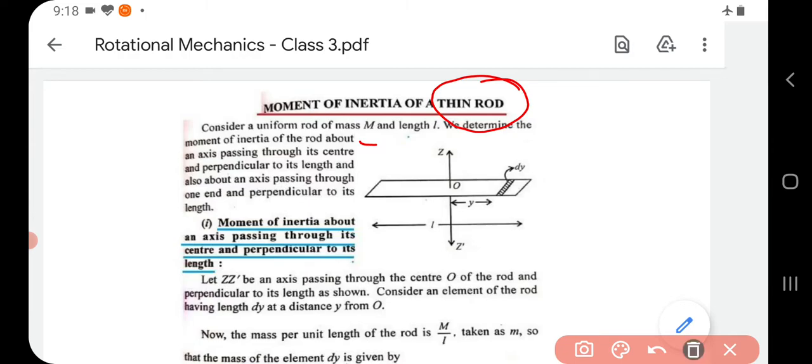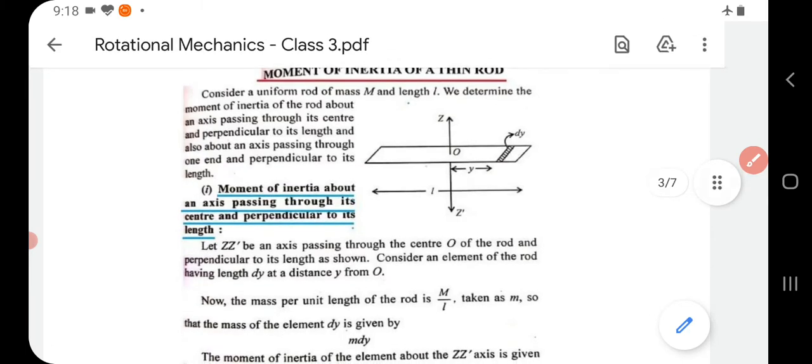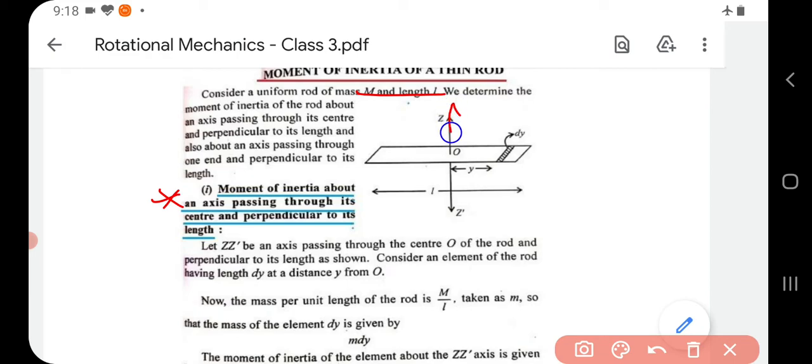So here you are going to find the moment of inertia of a thin rod of mass m and length l. First we are going to determine its moment of inertia about an axis passing through its center and perpendicular to its length.